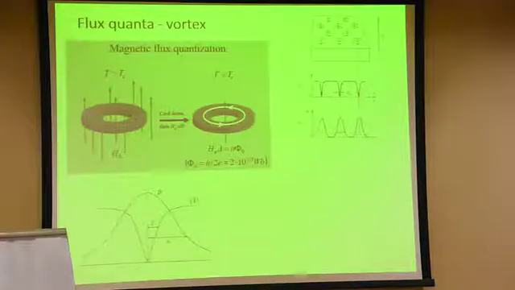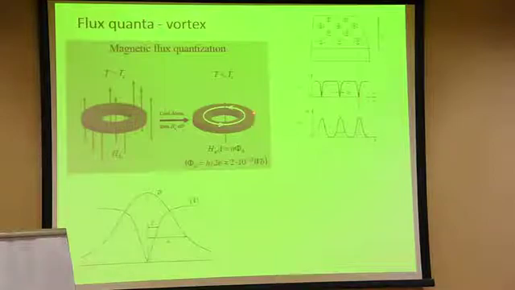Now, about magnetic flux quantization. If we have a ring and we are at a high temperature larger than Tc, we apply a field, then we cool it down below Tc, and then switch off the external field. What happens?